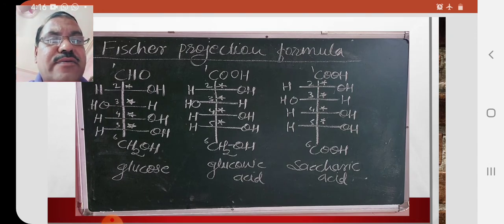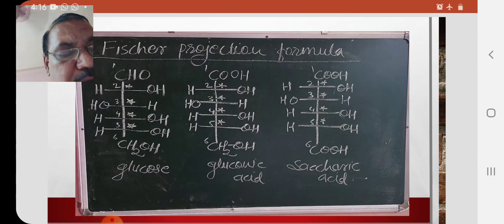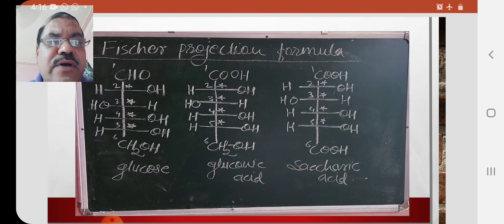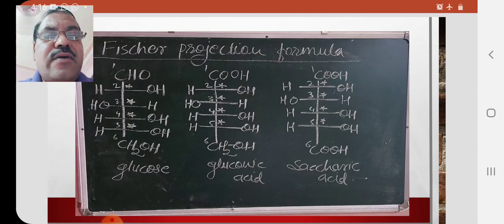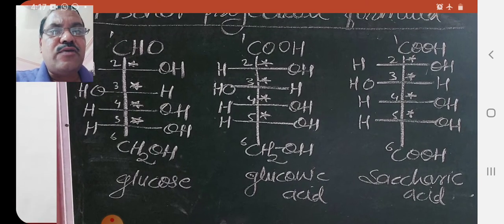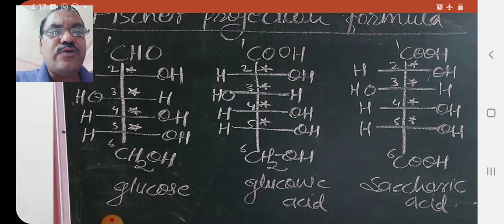Emil Fischer, who got the Nobel Prize in the year 1902 for his study on glucose, gave the first formula of glucose. You can see here in the first structure there is one CHO group, then 4 CHOH groups.